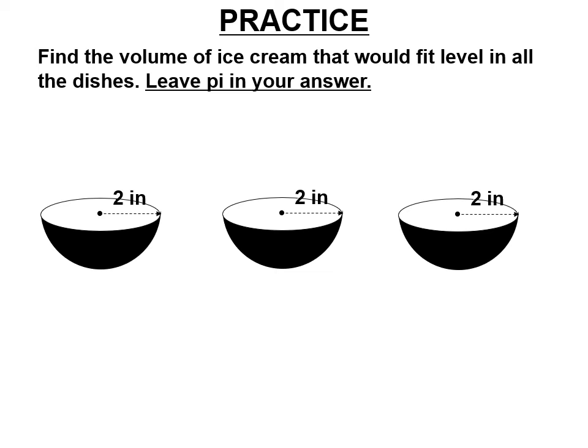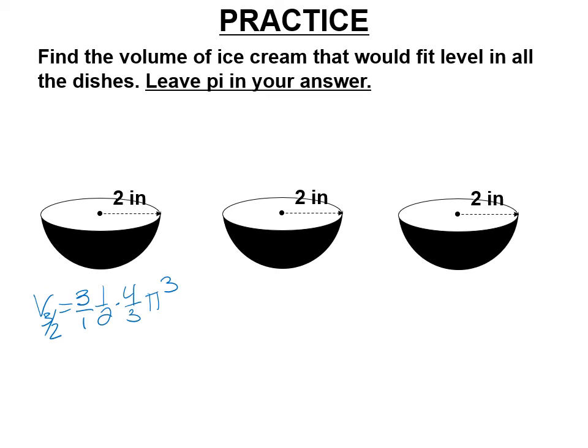All right. So now, find the volume of ice cream that would fit in all the dishes. Leave pi in your answer. Now there's a bunch of ways you could do this, but each one of these is half of 4/3 pi r cubed. So there's 3 of those halves, so I'm going to do 3 times 1/2 times 4/3 pi r cubed.